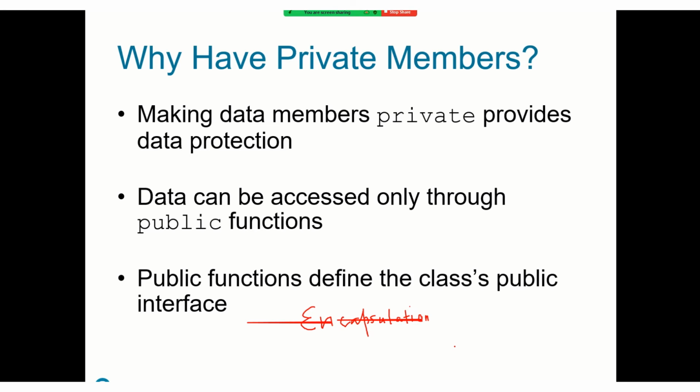You can do the access control, and you can put together your attributes, that is the variables, and also the functions within the same roof, within the class. So this is called encapsulation.